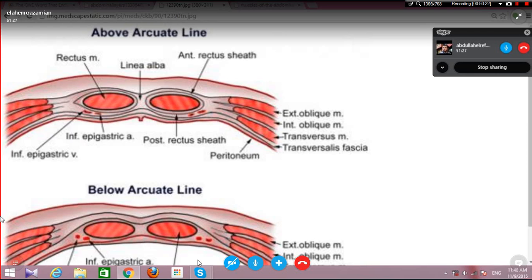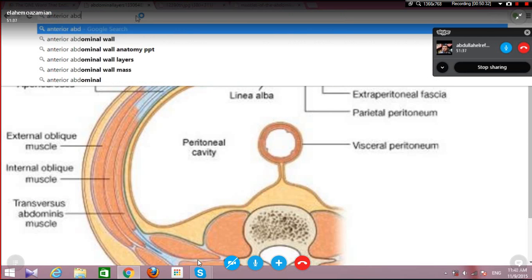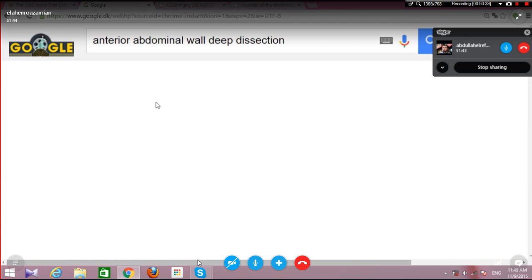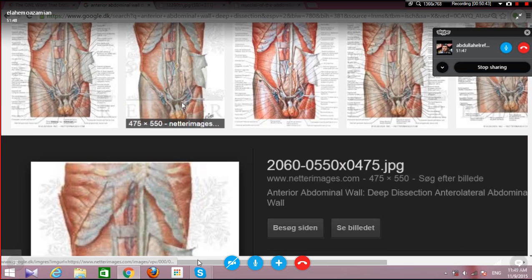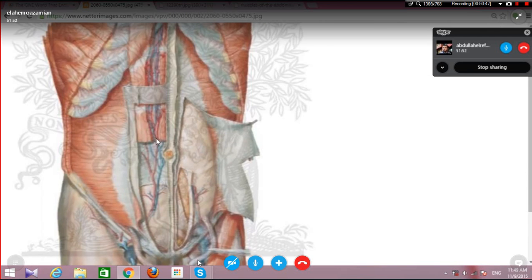Okay, here: anterior abdominal wall deep dissection.